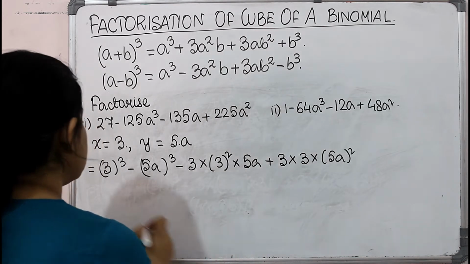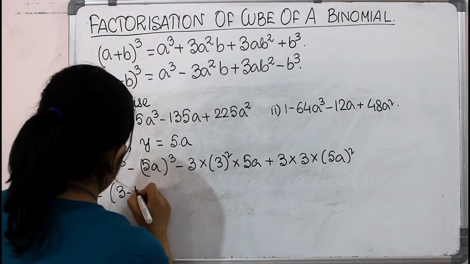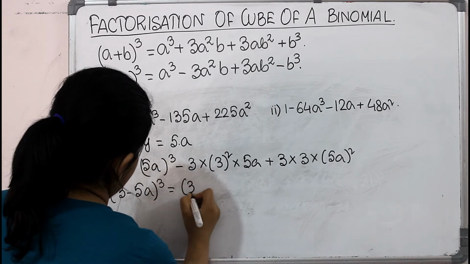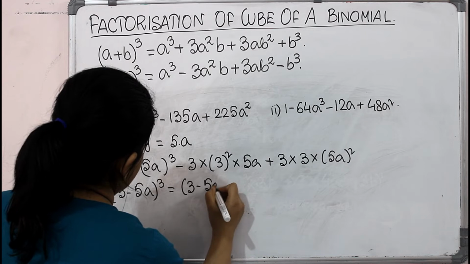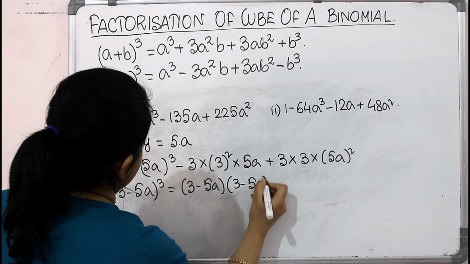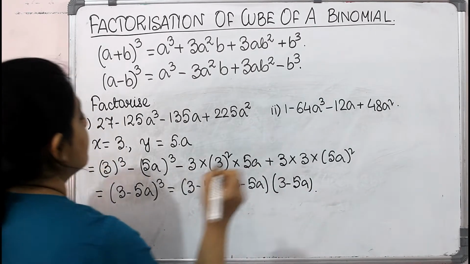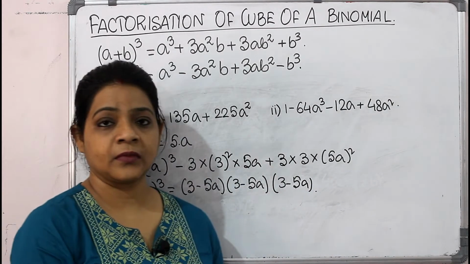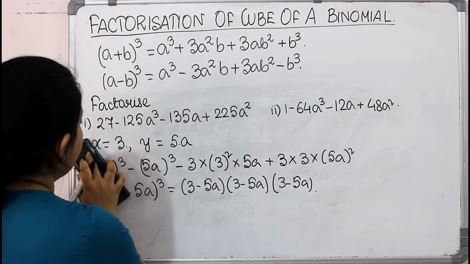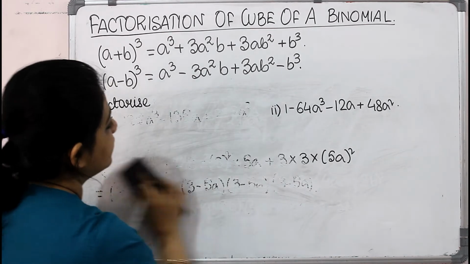So you are getting (3 minus 5a) whole cube, that is, (3 minus 5a) into (3 minus 5a) into (3 minus 5a) is the final answer. The next sum, just follow the same method, nothing fancy in it.